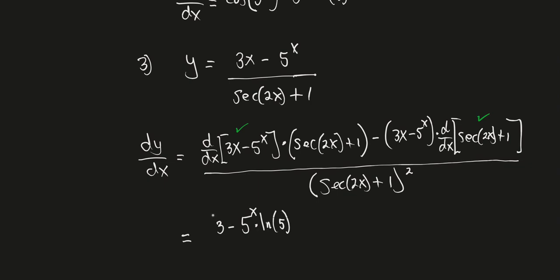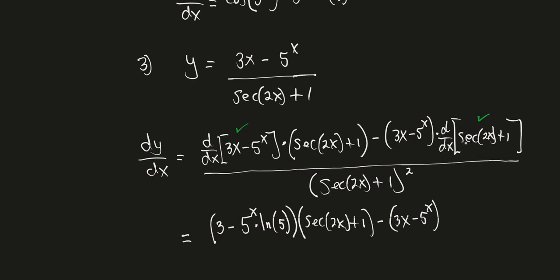Now that has to remain in parentheses because it's being multiplied by this quantity, which I'm also going to leave in parentheses. And then this quantity also in parentheses. So we'll have 3x minus 5 to the x.